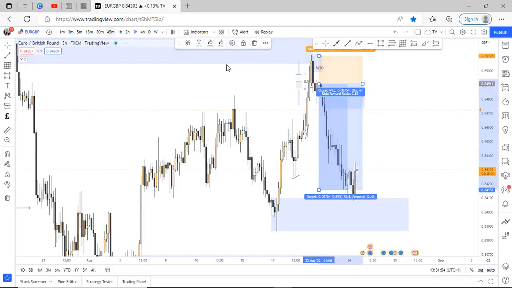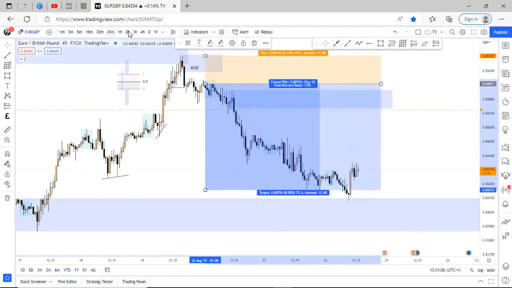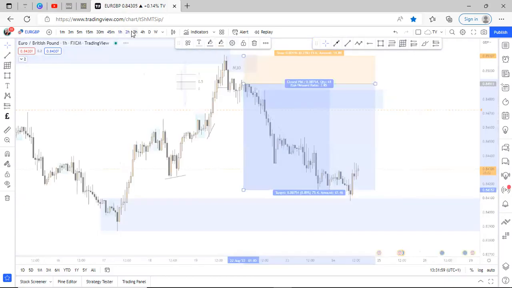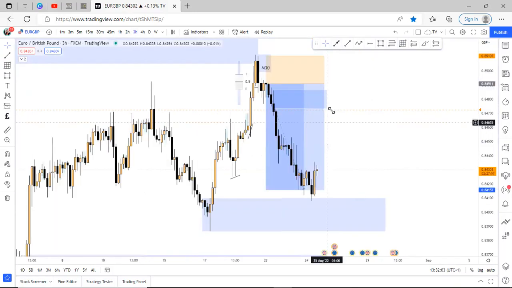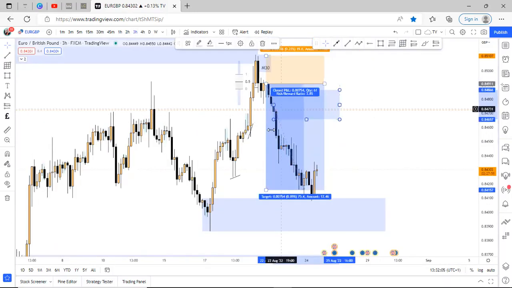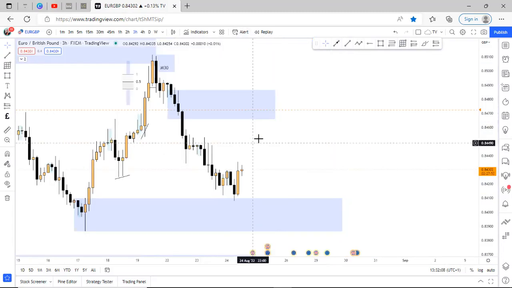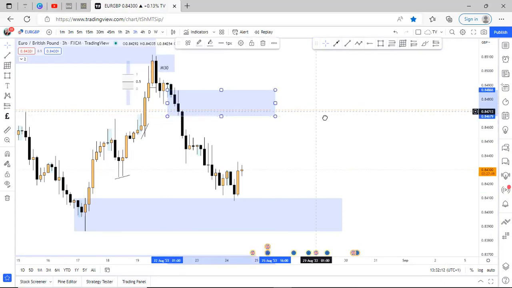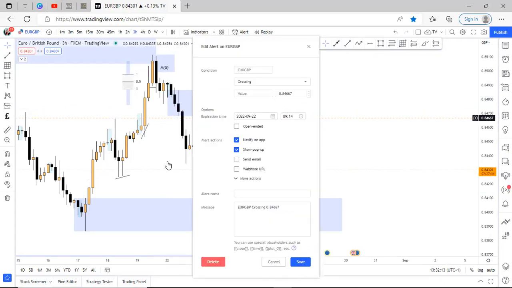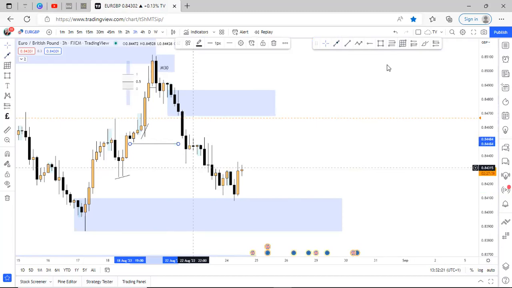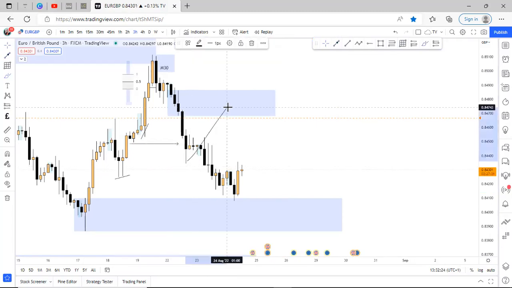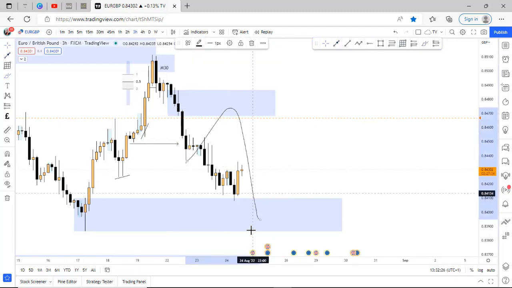So now, moving to the 3 hour time frame, we can see this supply zone right here with imbalance. At first, when price broke below this low, I was thinking maybe price would push back up into this level before the final fall.